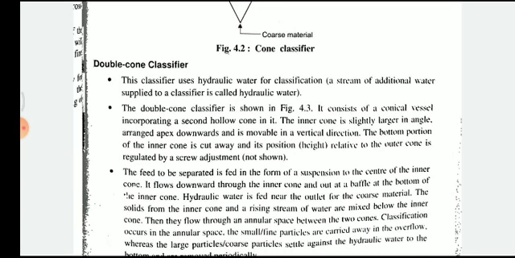The figure consists of a conical vessel incorporating a second hollow cone in it, through which liquid can pass. The inner cone is slightly larger in angle compared to the outer one.